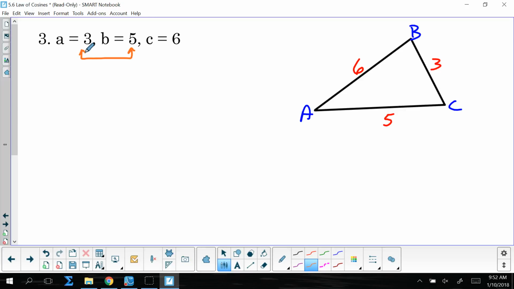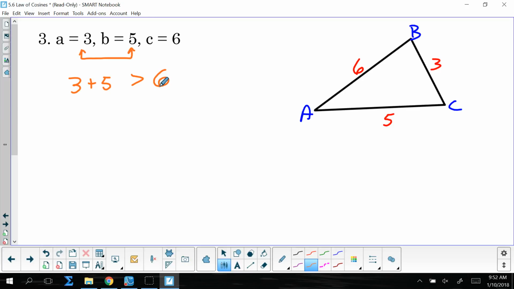The sum of the two short sides in a triangle has to be greater than the third side. If it's equal, I just get a straight line. If it's bigger, then I actually get a triangle.